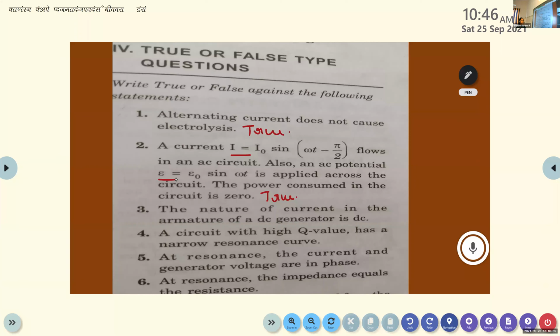Now the third: the nature of current in the armature of a DC generator is DC. Try to correlate this statement with something you are studying in 10th physics, the electric generator. The nature of current in the armature of a DC generator is DC.